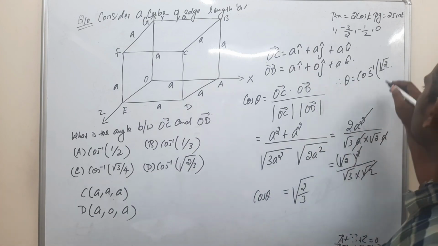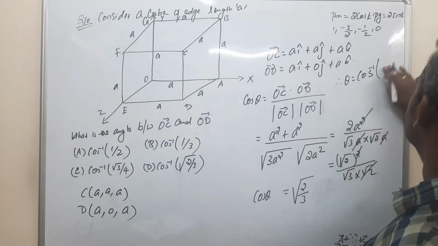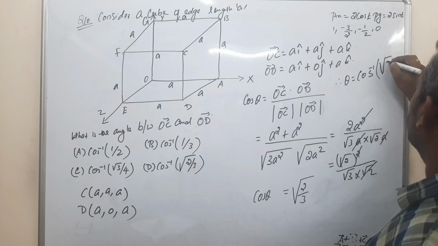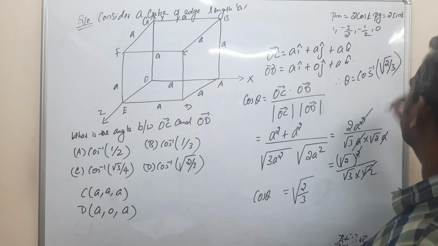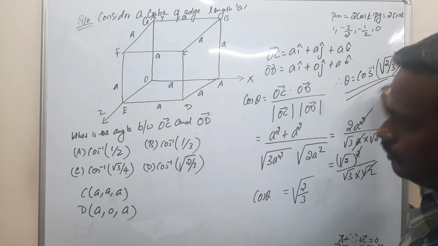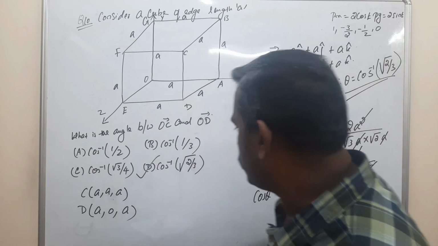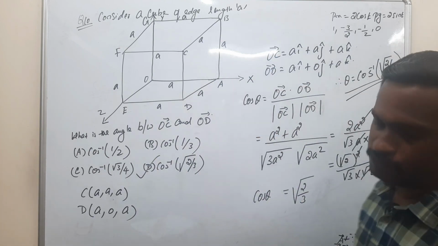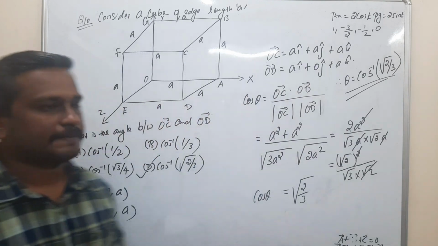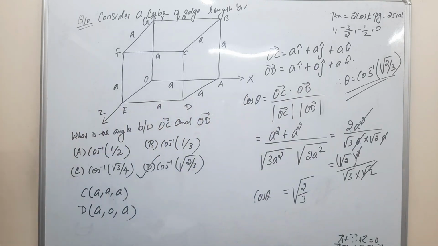So theta is equal to cos inverse of root 2 by 3. This is the answer. So option D is the answer, cos inverse of root of 2 by 3. So clear?